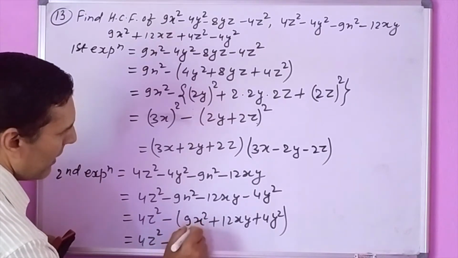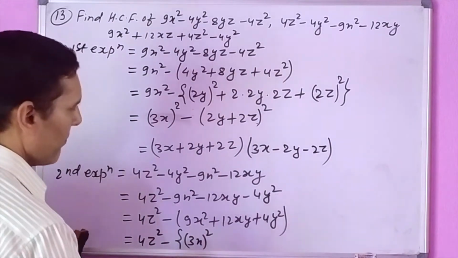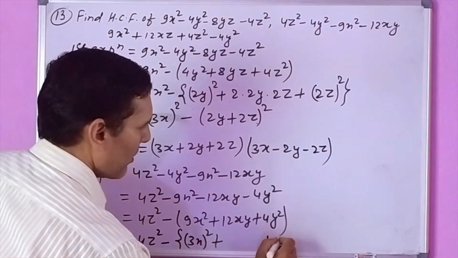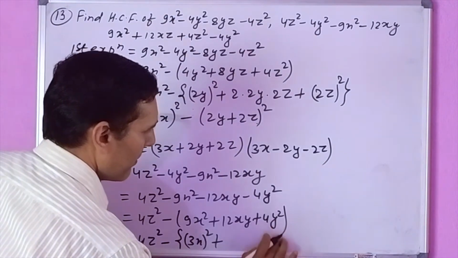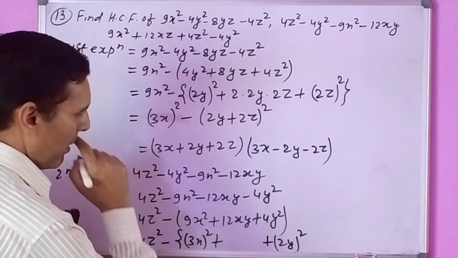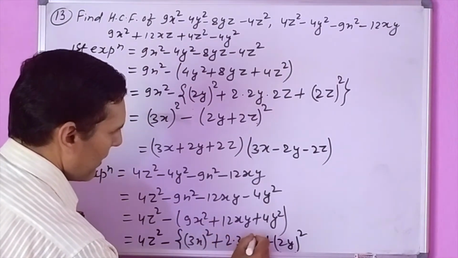Now this 9x square is the square of 3x, plus this 4y square, square of 2y. Now in the middle we need 2ab, where a is 3x and b is 2y.